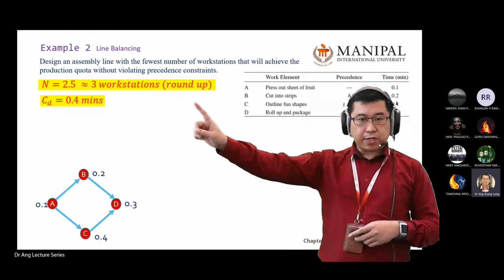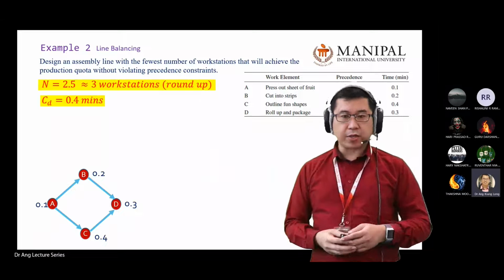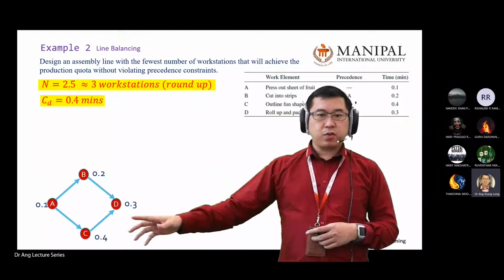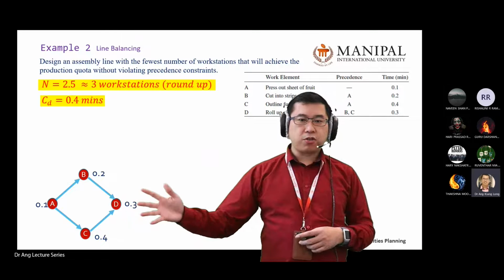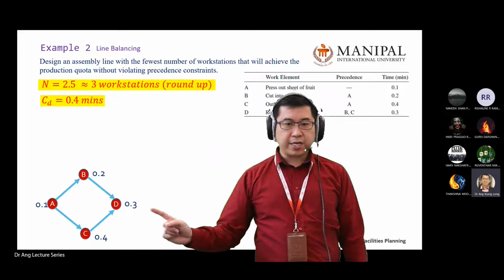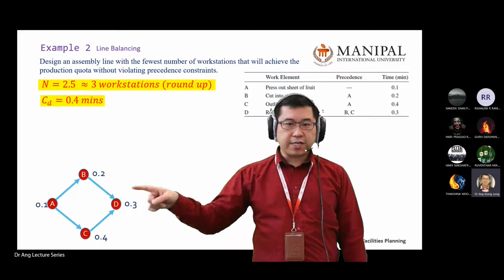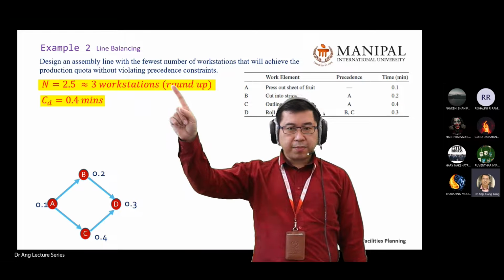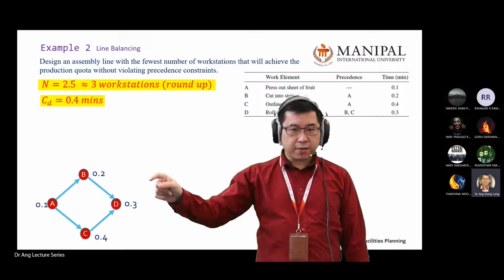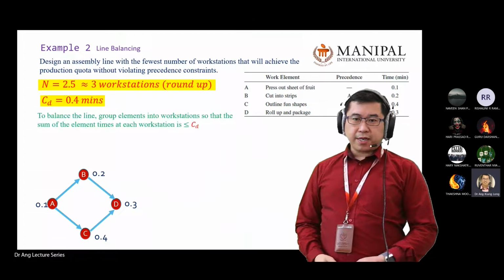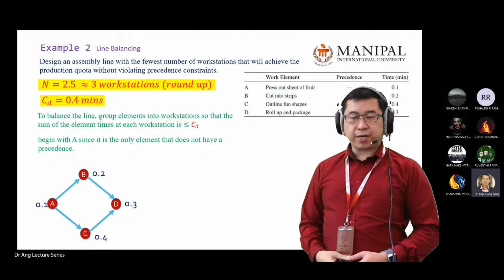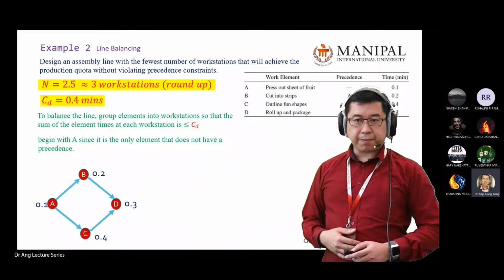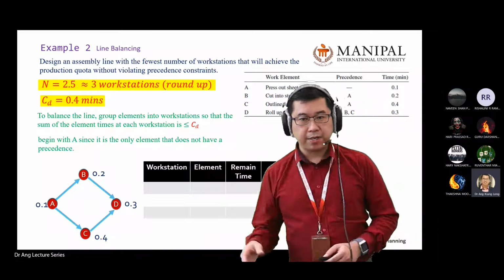So once you have your N and CD, then you can start working on designing the workstation. You look at this diagram. Basically you're going to have 4 processes and then you pack your processes into the number of workstations that you're looking for. So this is the minimum workstations you need for these 4 processes. Then you can have your own way of calculating, but I'm recommending using a table like this.